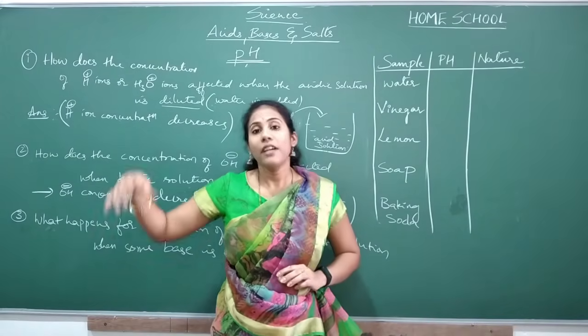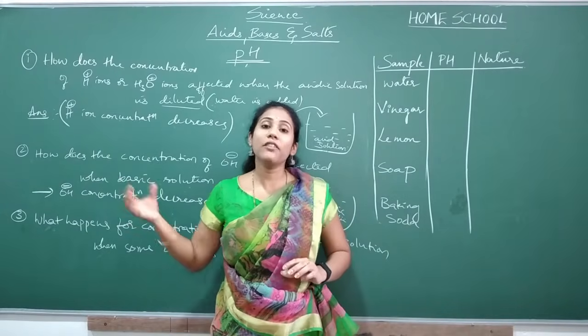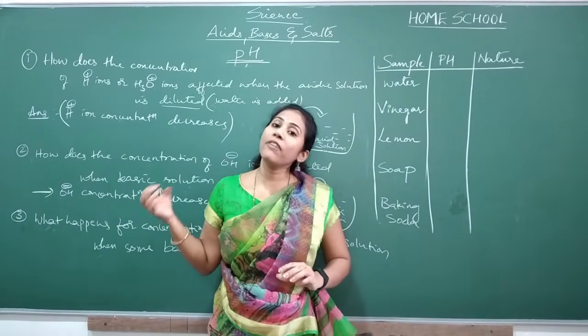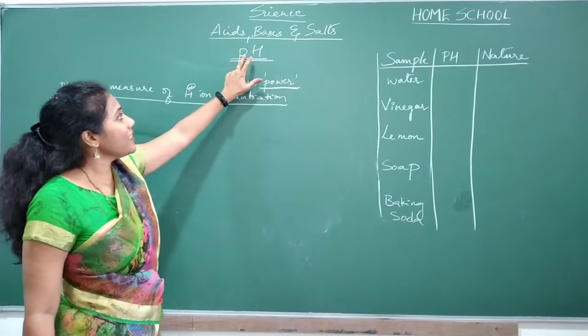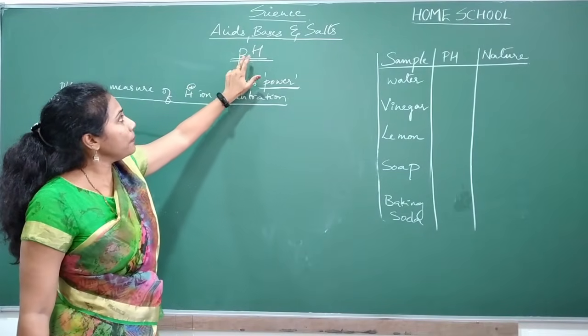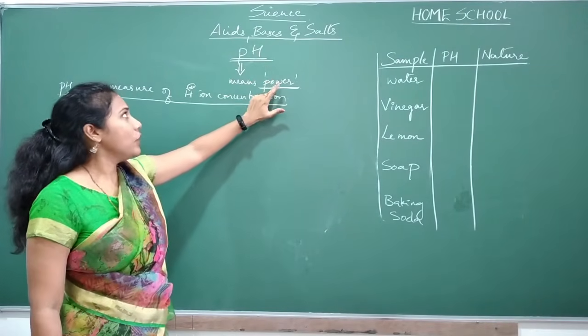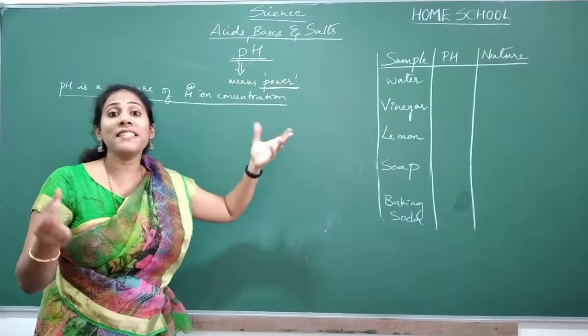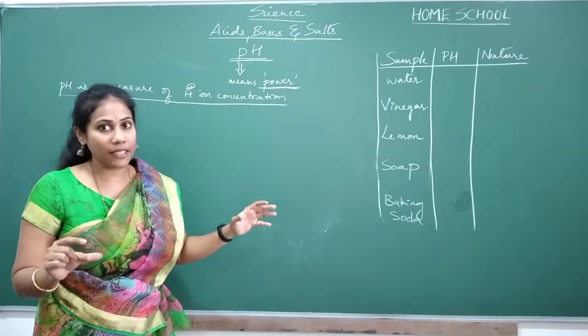In the same way, we can also determine whether a base is strong or weak. Let us see how we can determine this using pH. pH is always written with a small p and a capital H. Here P means power, and H means H plus ion concentration, that is, the number of H plus ions present in a solution.